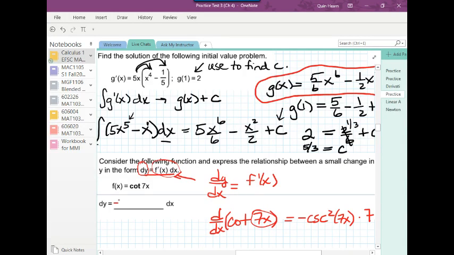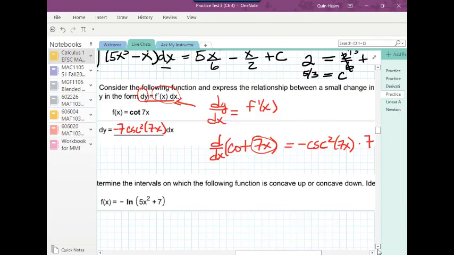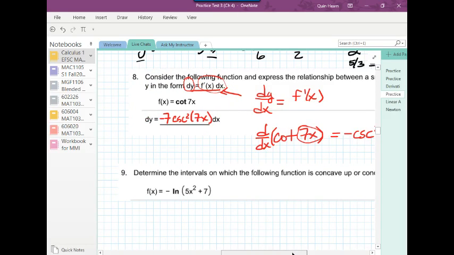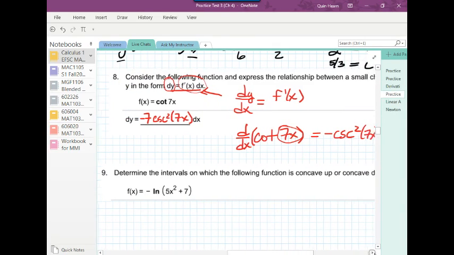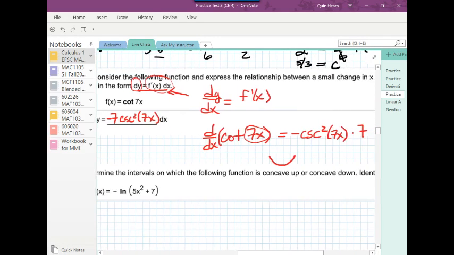So they're really just asking you to find a derivative. They're trying to point out that because dy dx is equal to f prime of x, it's true that dy is f prime of x times dx. Okay, and again, what that represents is a small change in y, and dx a small change in x. Okay, so we're going to find f prime of x.